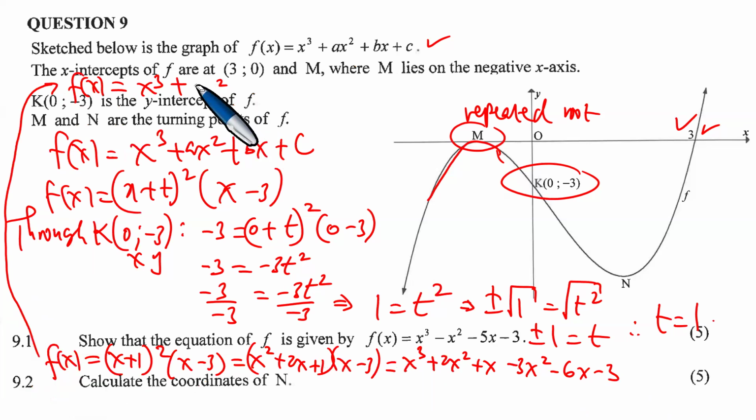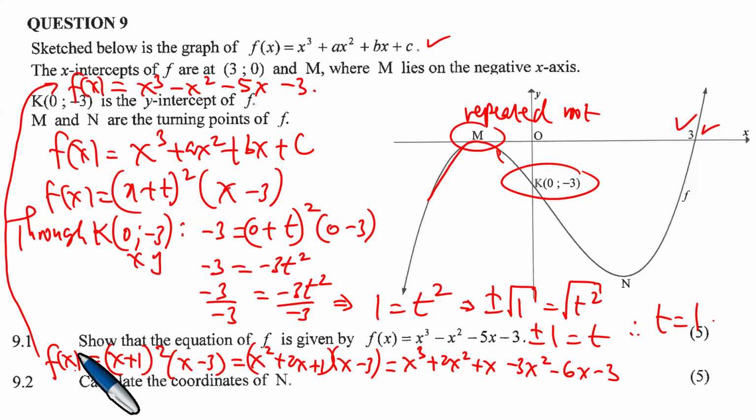So this is going to be exactly minus x squared, and then minus 5x, minus 3. And therefore, we've shown that the equation of f is given by that. Next point, calculate the coordinates of n.